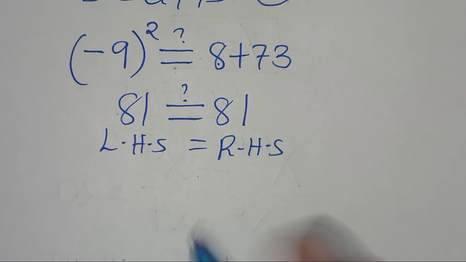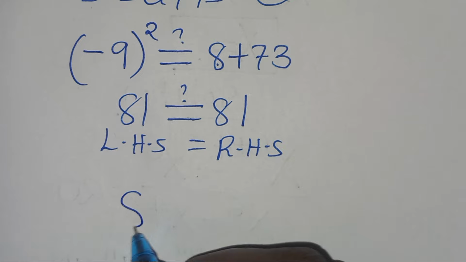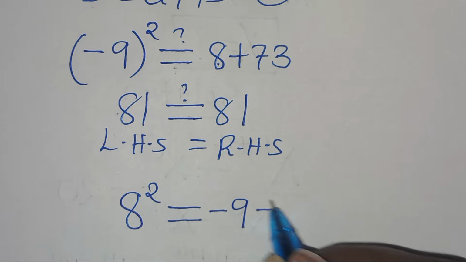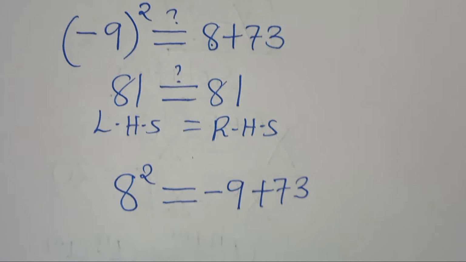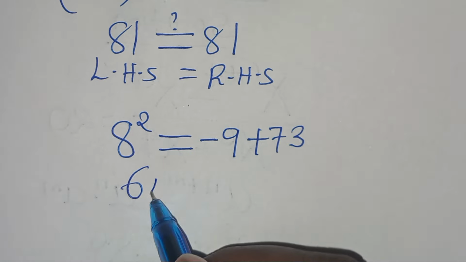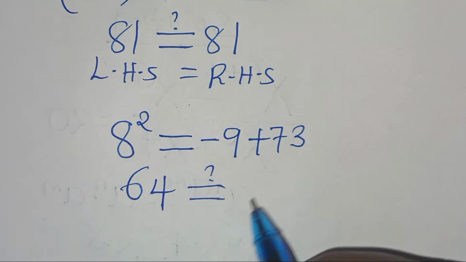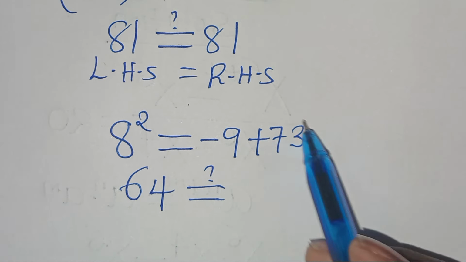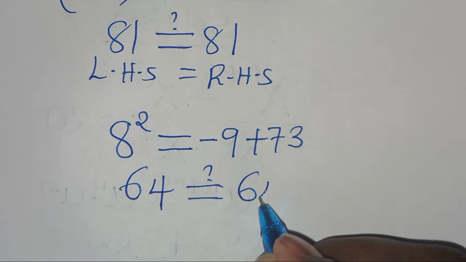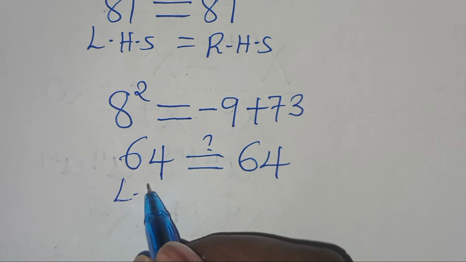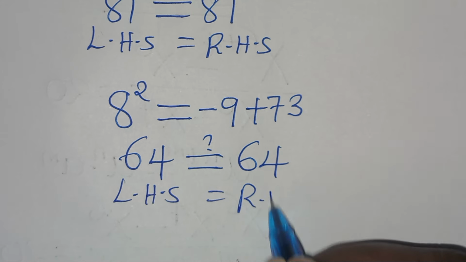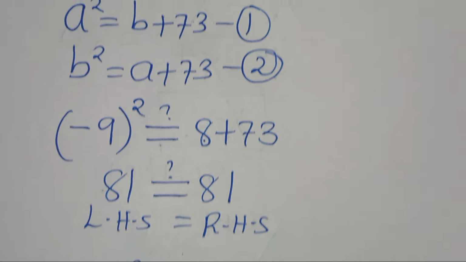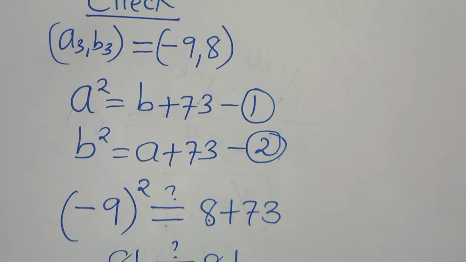Here b squared is 8 squared, which should equal minus 9 plus 73. 8 squared is 64, and minus 9 plus 73 is equal to 64. So the left hand side is equal to the right hand side, and this verifies that a3, b3 satisfies the equation.